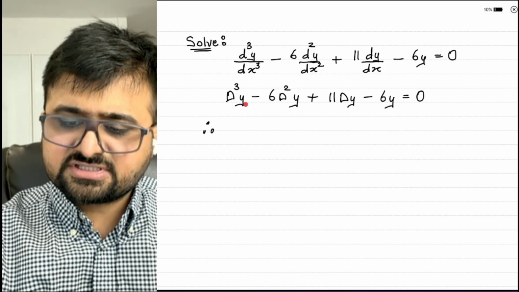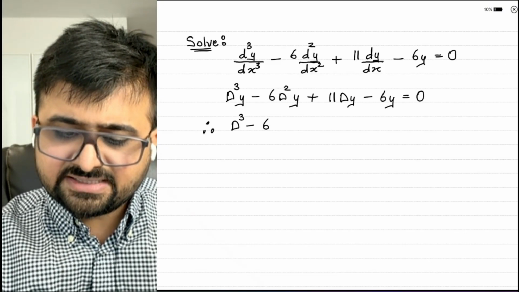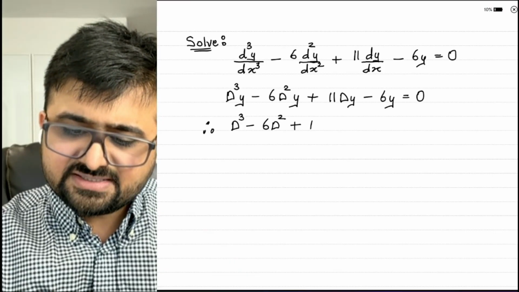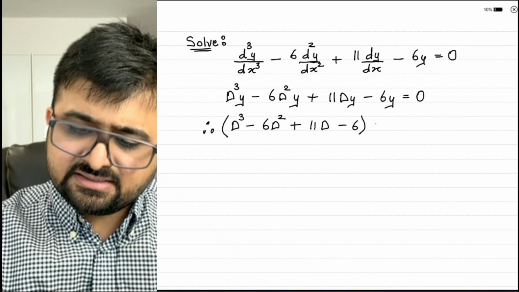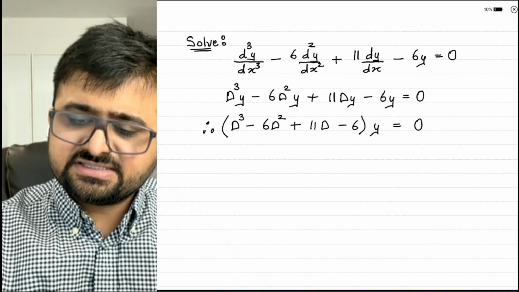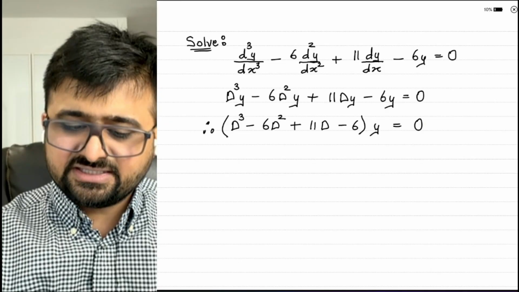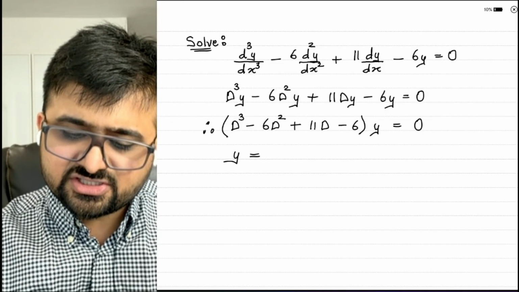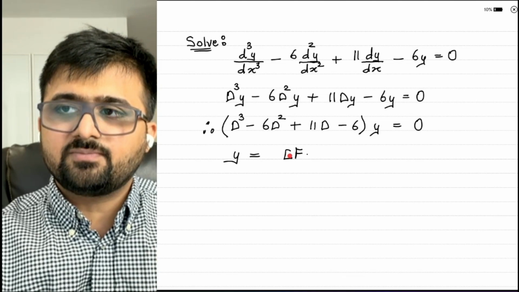Therefore, if you just factor out y, this will become (D cube minus 6D square plus 11D minus 6) times y is equal to 0. On the right hand side, since it is 0, we know that particular integral is going to be 0, and the solution of this differential equation is just going to be y is equal to CF, which is complementary function.